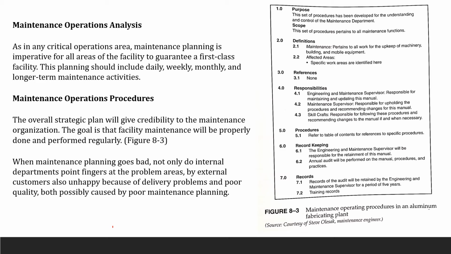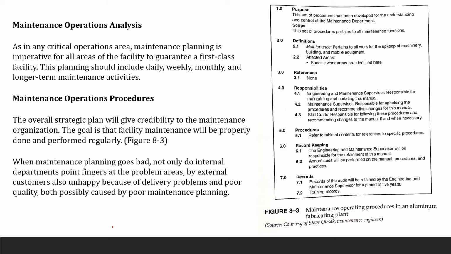Then responsibility: you put your people and your resources into specific responsibilities and tasks. Then procedure: you put how we're going to do that. Then you do record keeping so you understand what happened and how things are going. Everything that you do, record it so everybody clearly understands what you're doing. And then you have your records, so we can do auditing.